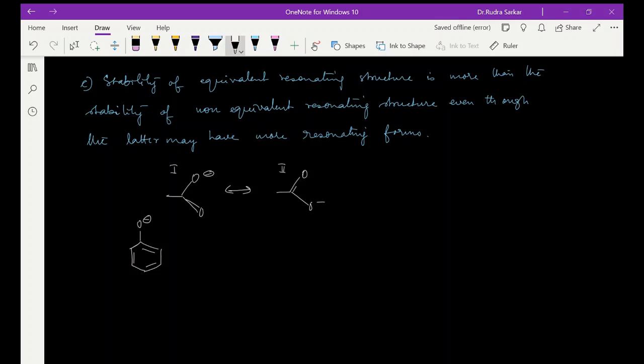Okay, but in the phenoxide ion, if you compare structure one with the other resonating structures, they are not equivalent. So they do not make an equal contribution to the eventual resonance hybrid.